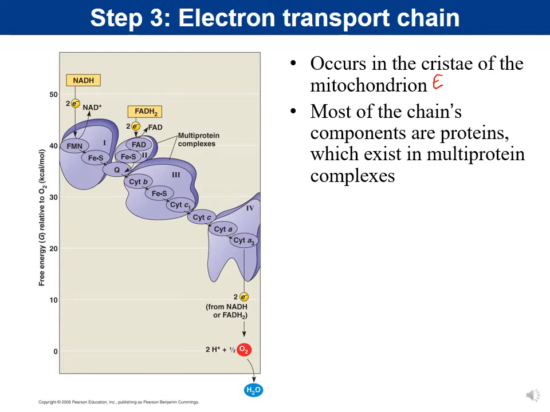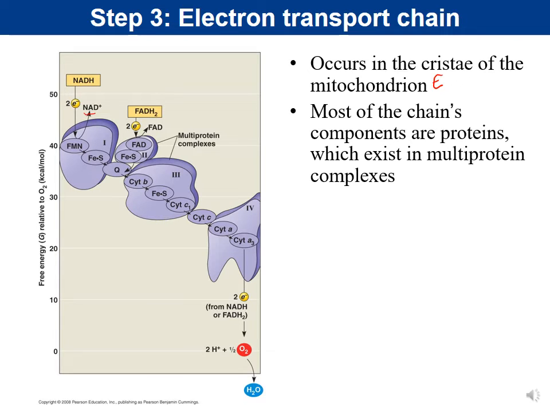So let's talk about how the electron transport chain works. So we have our electron carriers, right? Our NADH. NADH is going to drop off electrons at the electron transport chain. And when it drops off electrons, it's going to produce NAD+.